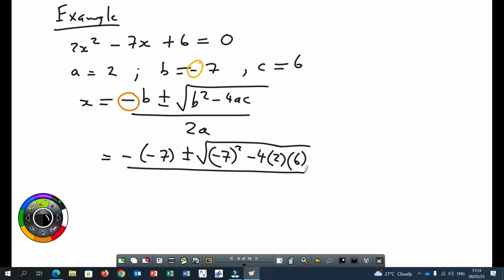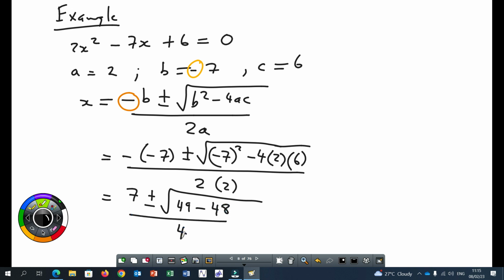This is all over 2 times 2. Okay? So here we end up getting 7 plus or minus the square root of 49 minus 48. This is all over 4.